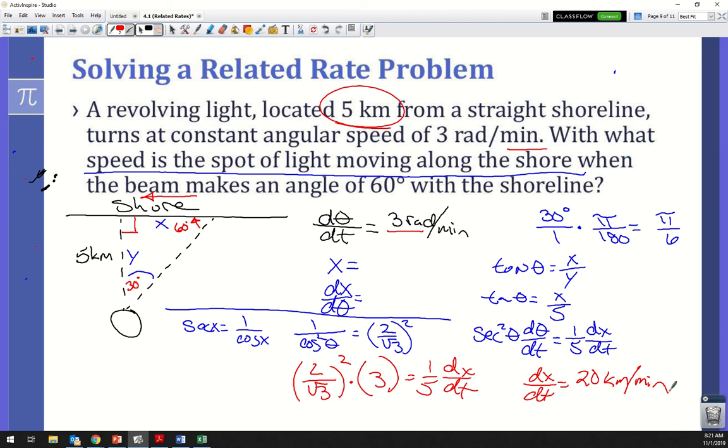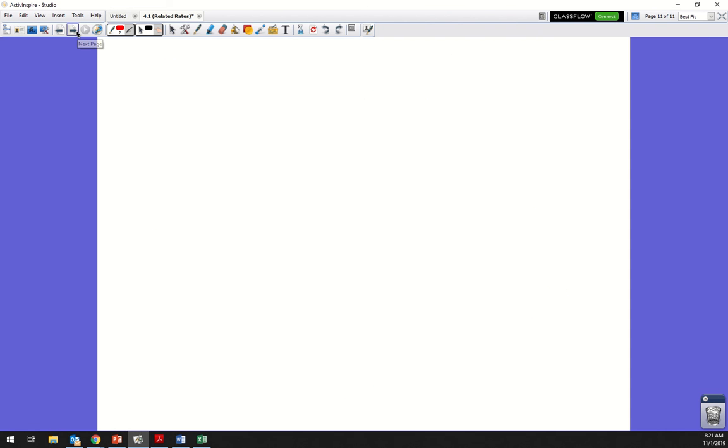So if we did that, so we know tangent, here, I'll do it. So we say tangent of pi over 6 is equal to, was it x over 5?